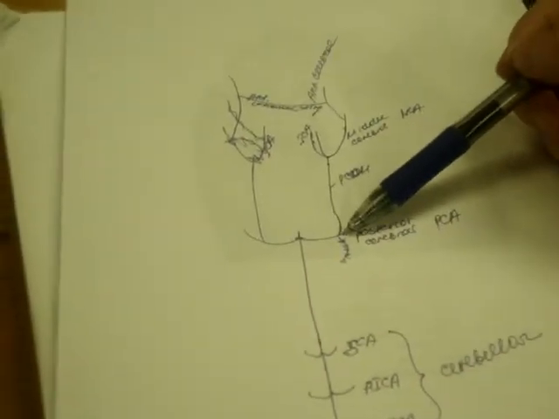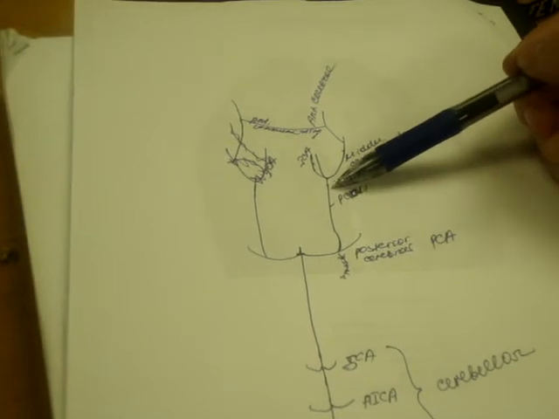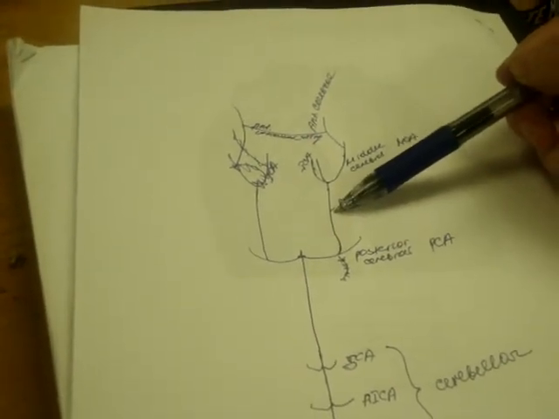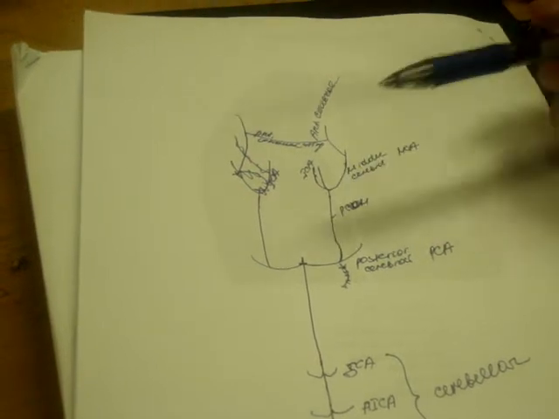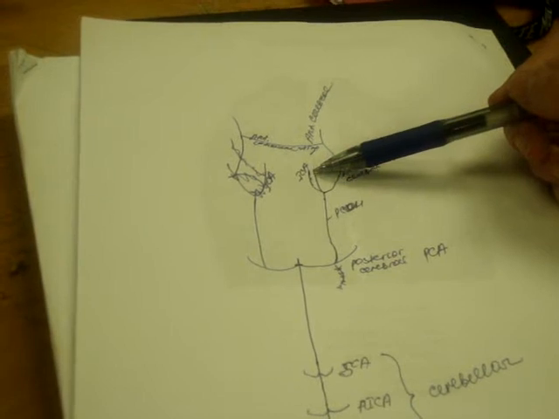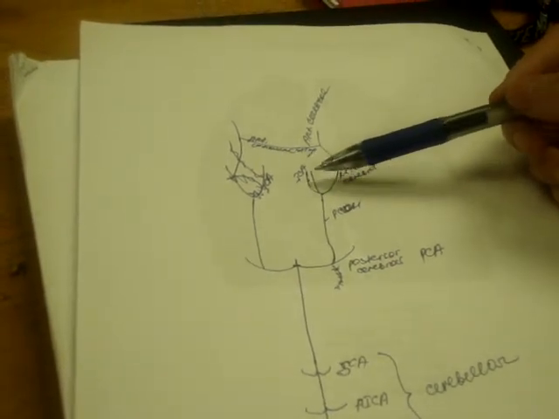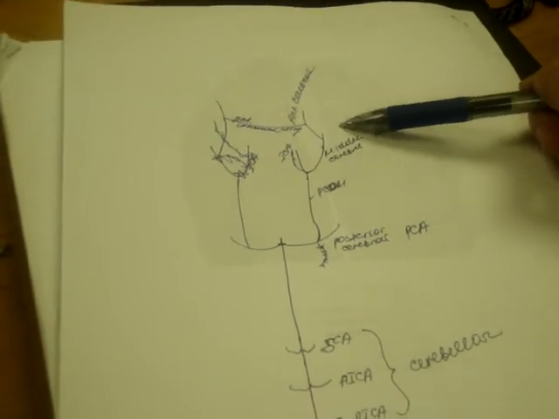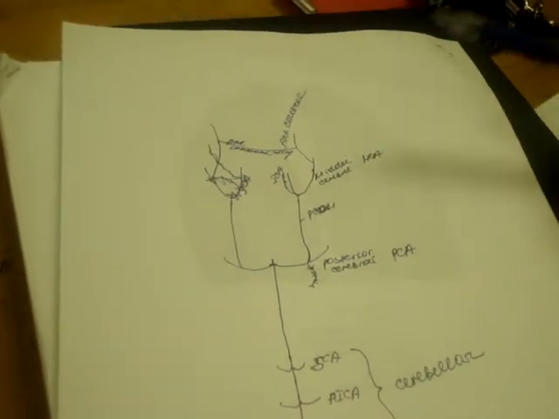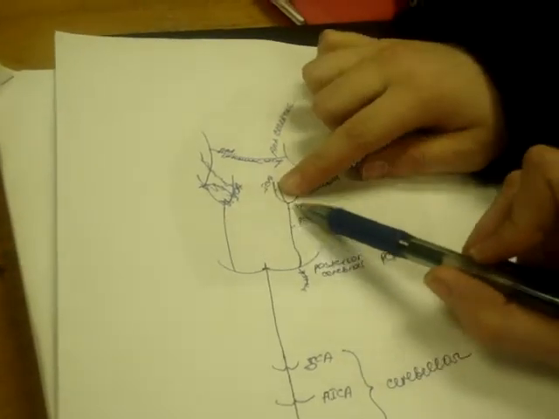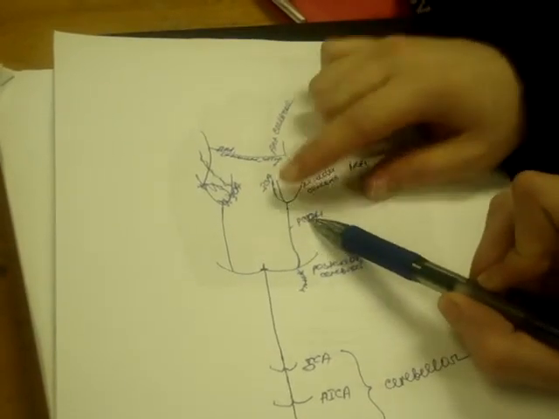Then posterior cerebral gives off posterior communicating. Then posterior communicating together with internal carotid artery gives off middle cerebral. You have internal carotid just coming in out of nowhere, and then together with it, the posterior communicating just connects.